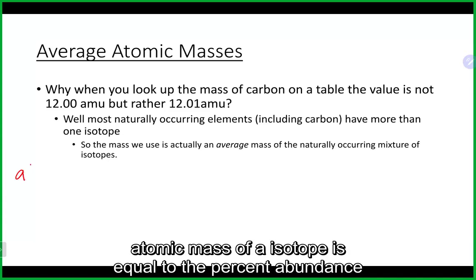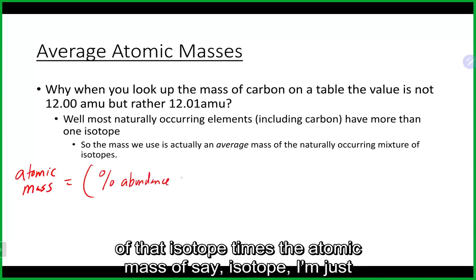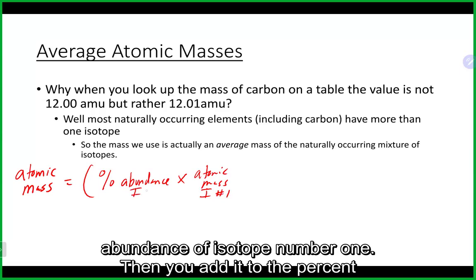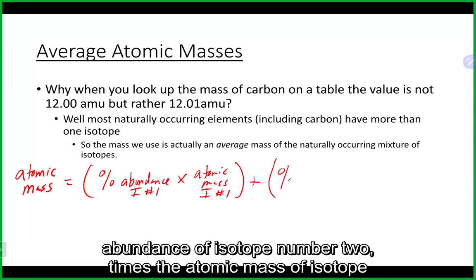The atomic mass of an element is equal to the percent abundance of an isotope times the atomic mass of, say, isotope number 1, then you add it to the percent abundance of isotope number 2 times the atomic mass of isotope number 2.